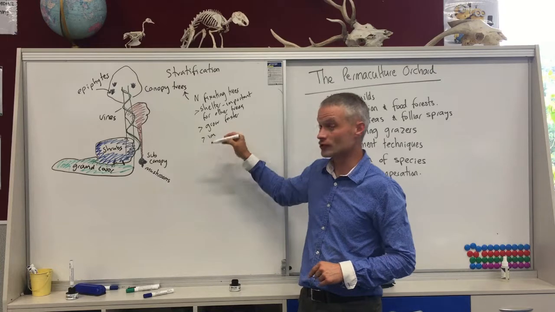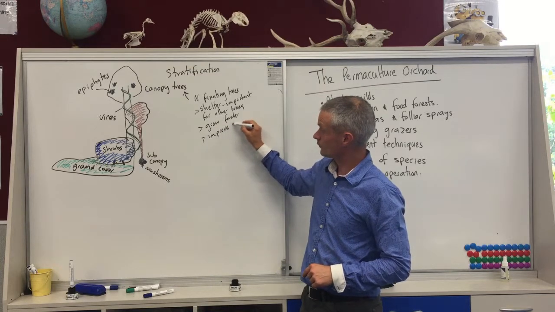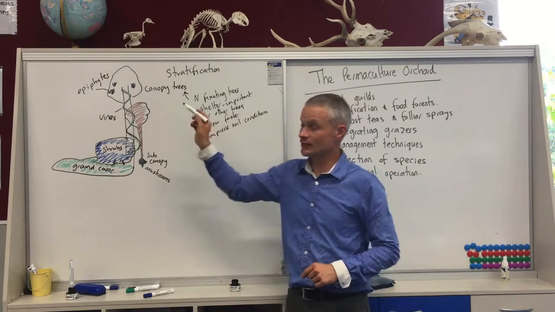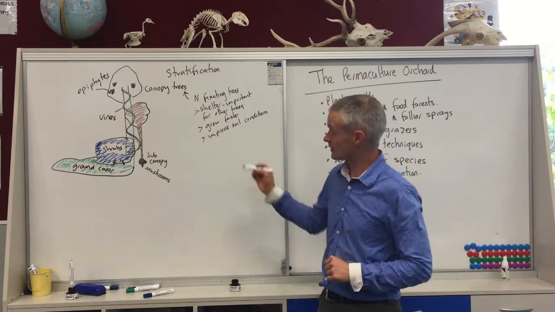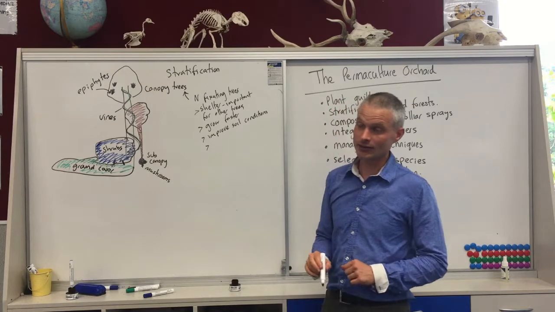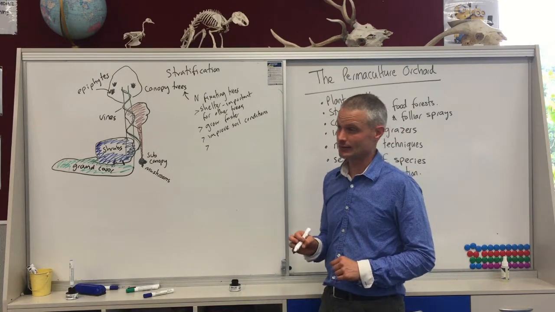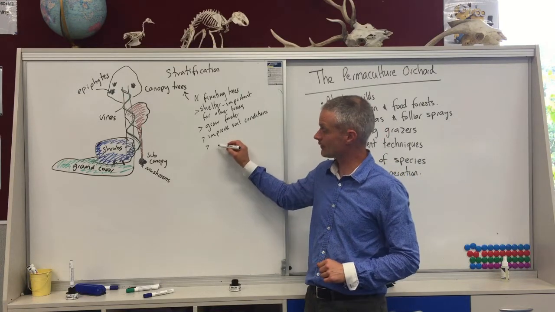They improve the soil conditions, and they can act as a nice trellis for productive vines. So you can trellis grapes and kiwi fruit and banana passion fruit up them.